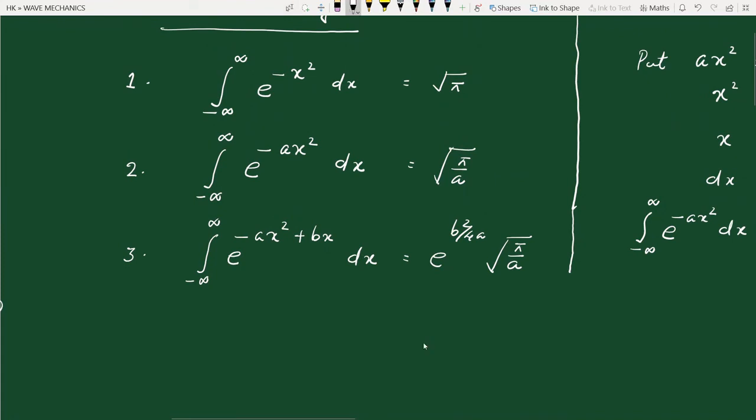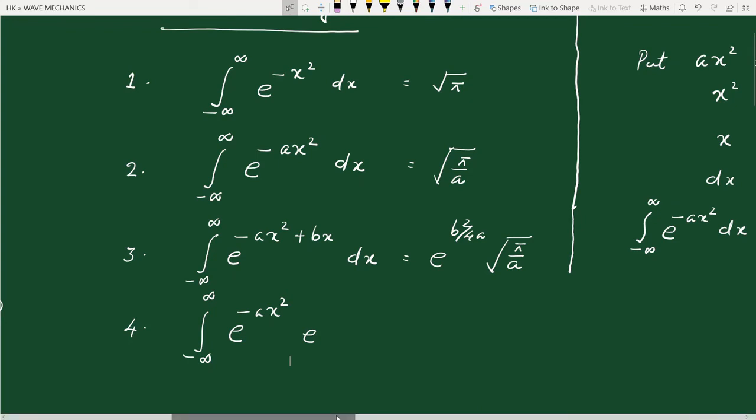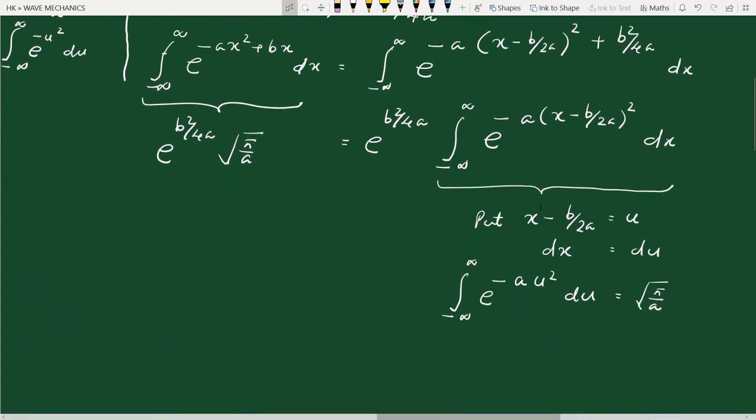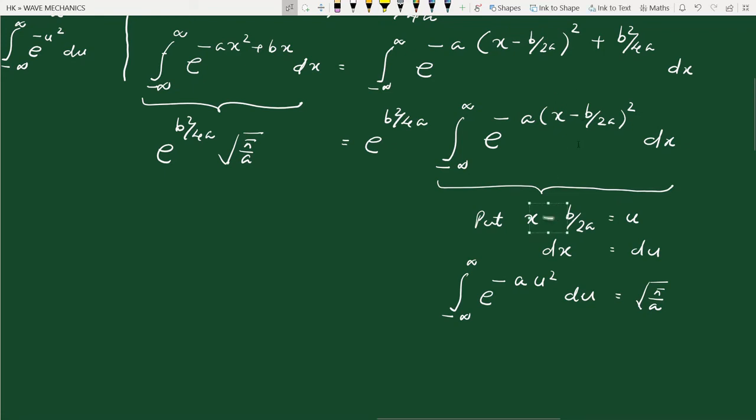Once we establish this, there is another useful result. One more point I want to notice is that the way we have proved it also shows that whether it is x minus b by 2a or x plus b by 2a is not important; your answer will be the same.